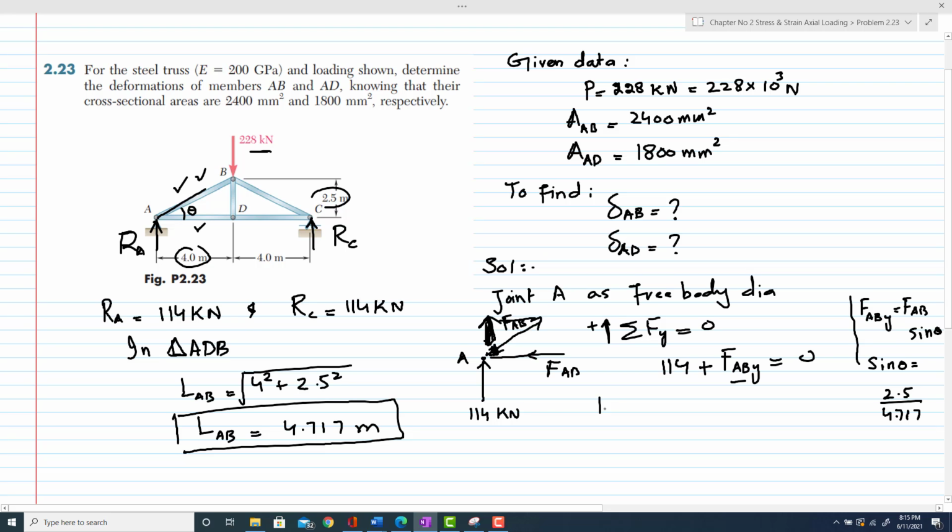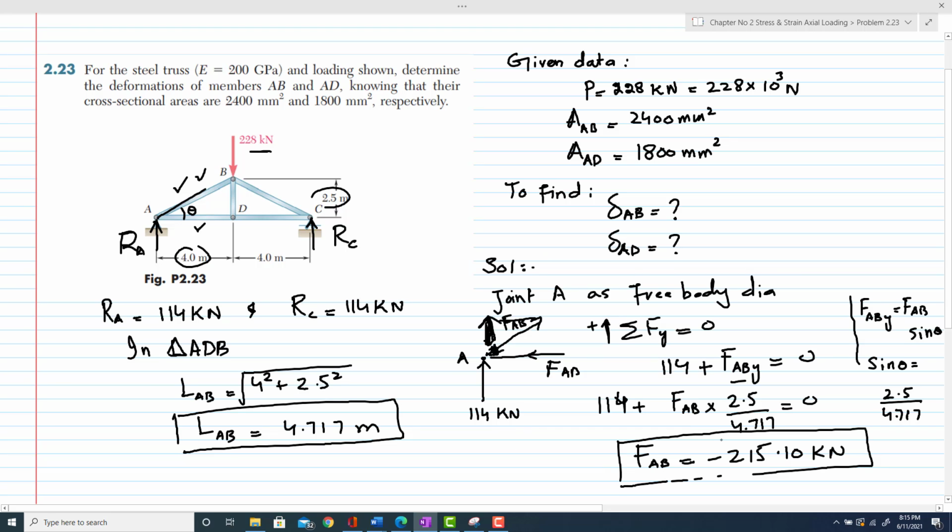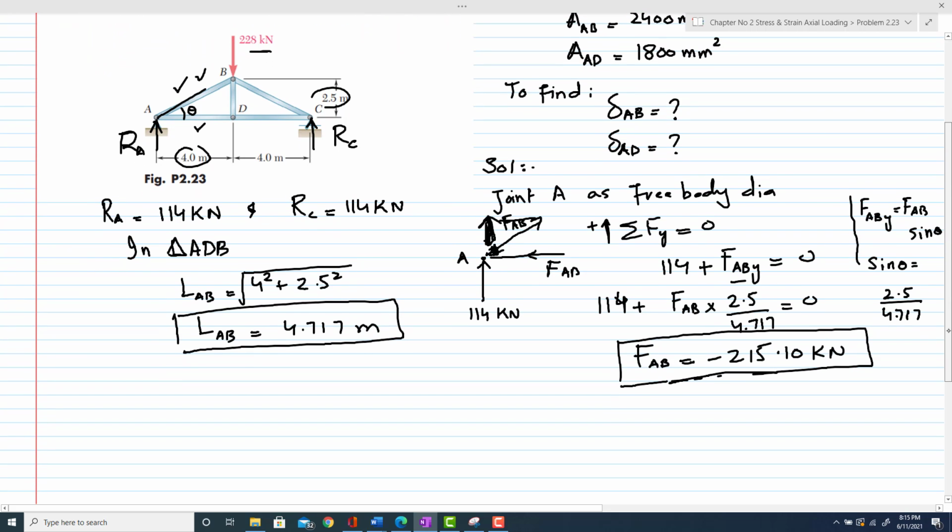So you put in the values: 114 plus FAB into 2.5 over 4.717 equals 0. If you calculate it, FAB will be equal to minus 215.10 kilonewton. So the force in member AB is minus 215 kilonewton. It means that it is in compression.